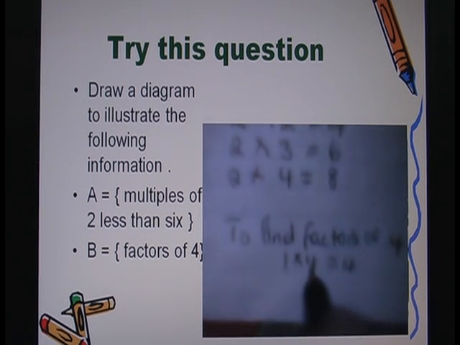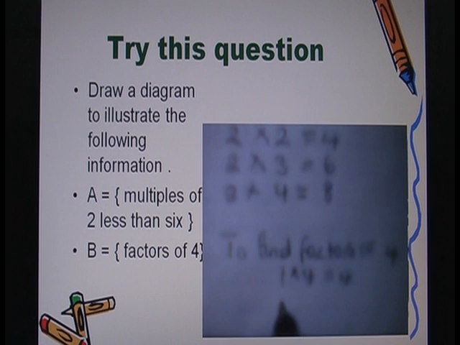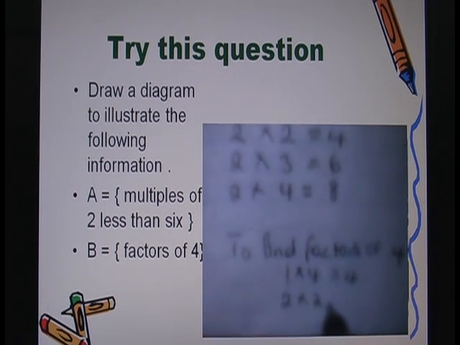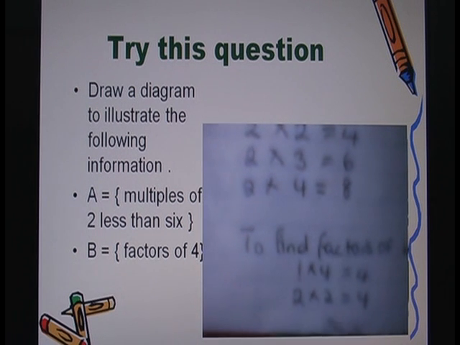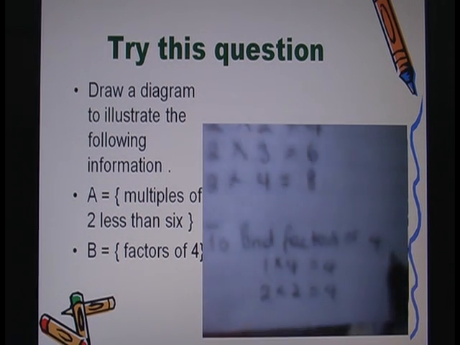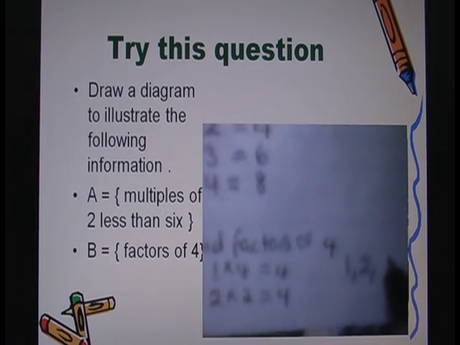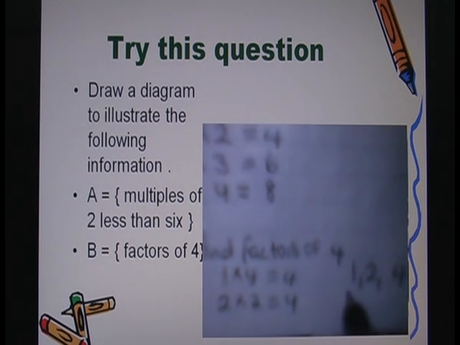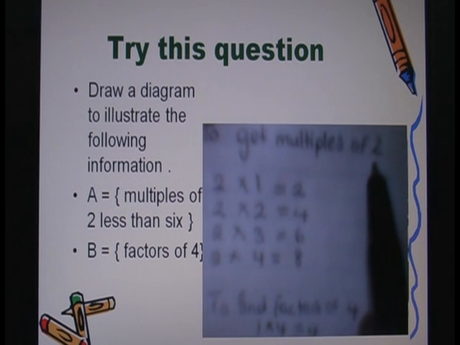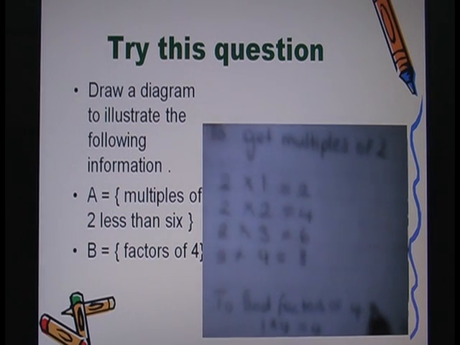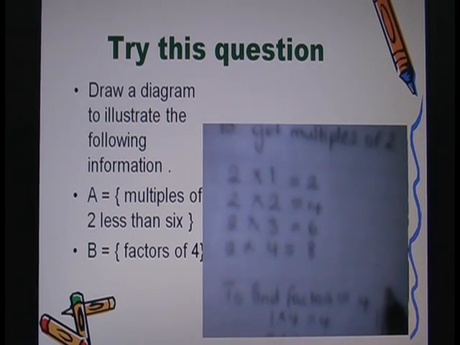So 1 and 4 are factors of 4. Now 2 times 2 is also what? 4. So therefore 2 is also a factor of 4. So all the factors of 4 are 1, 2, and 4. These are the factors of 4, and these are multiples of 2. Pause your video and try this question.